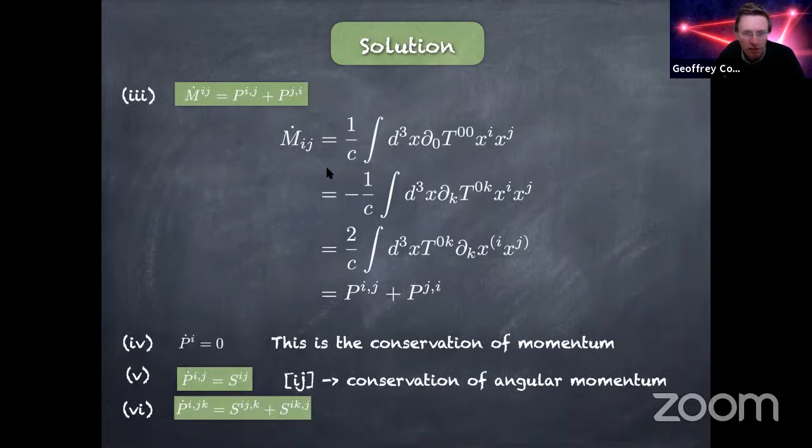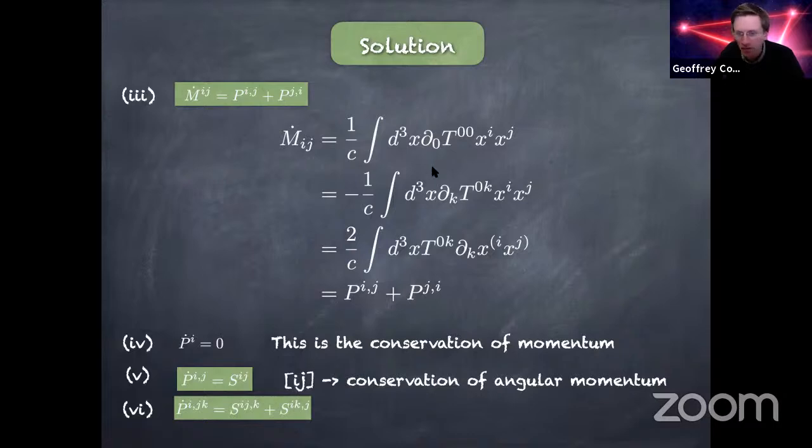For the third one, you apply d_0 here on the mass quadrupole. So it's T^{00} times x^i x^j. You use the conservation, so you get this one. You integrate by parts, so you have two different terms. I just symmetrize with a factor of 2, and so you find just the P^{ij} and the P^{ji} here.